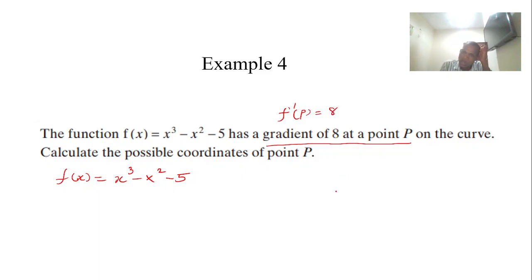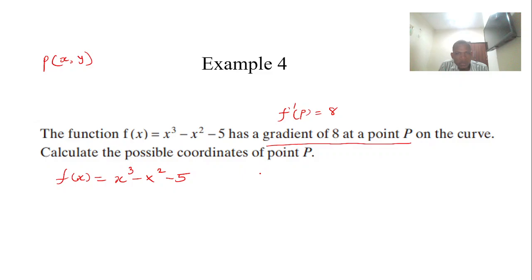Now I say calculate the possible coordinates of point p. Don't forget, point p is a point, and a point must have an x and y coordinate, right? So we are going to find the x and the y coordinate of point p. That's the task.